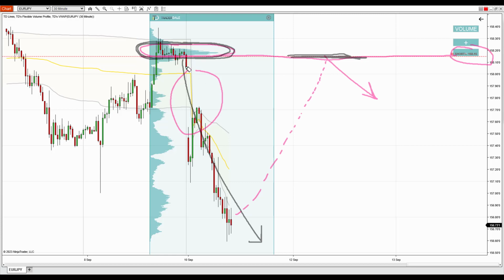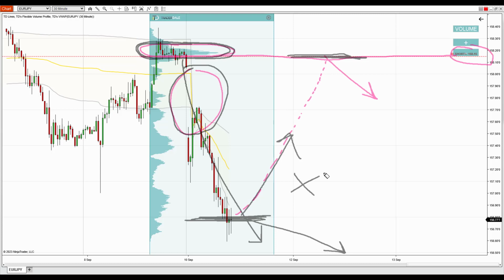Now, even though chances are good that the price will close this gap, it's not my strategy to go simply and blindly long from here hoping for closing the gap, because before the price closes the gap, it could make 100 pips down. And I'm not going to risk that, so I'm not going long from here.